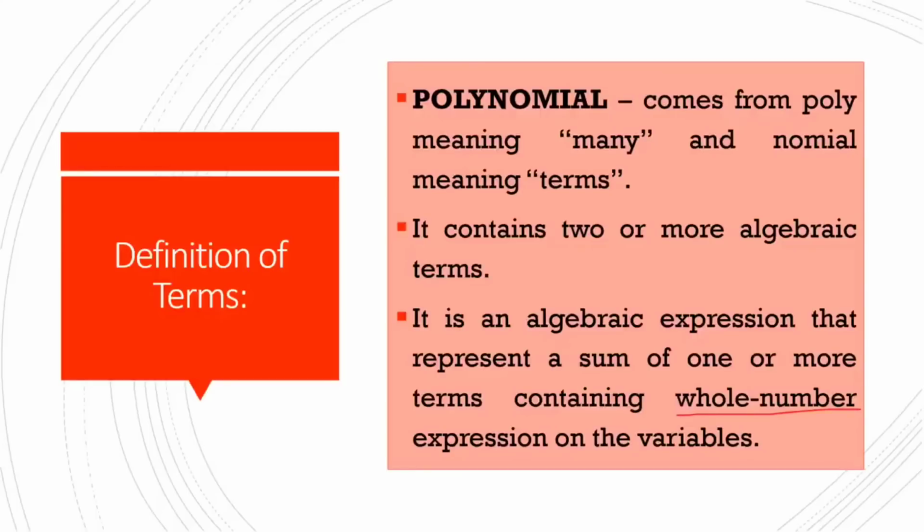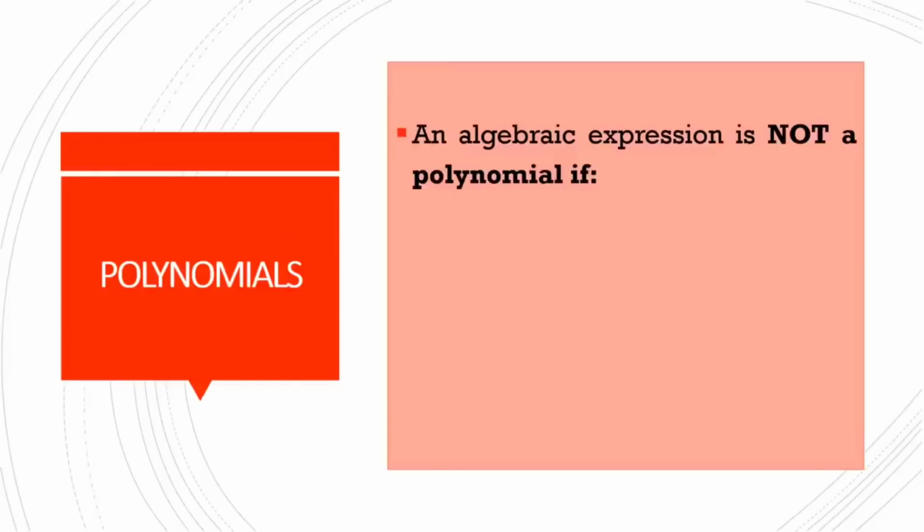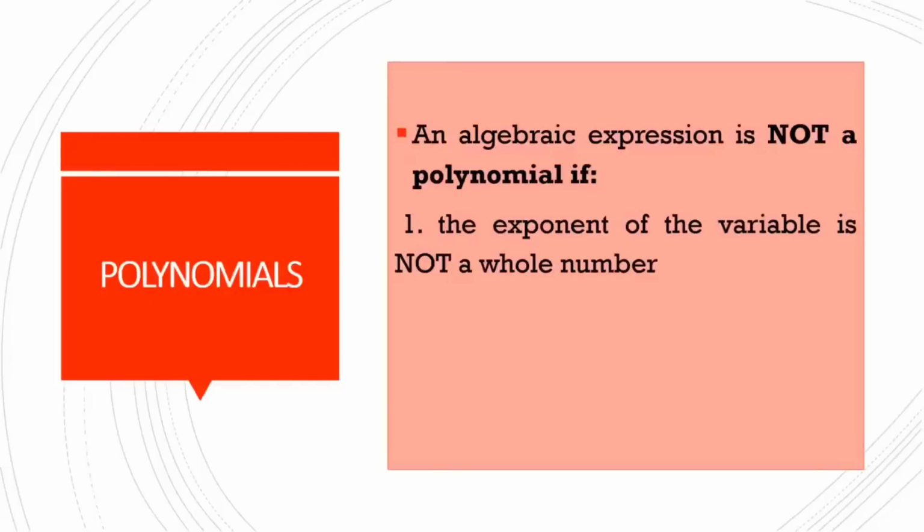An algebraic expression is not a polynomial if the exponent of the variable is not a whole number. So if the exponent is, for example, a fraction or an irrational number, we do not consider that as a polynomial.